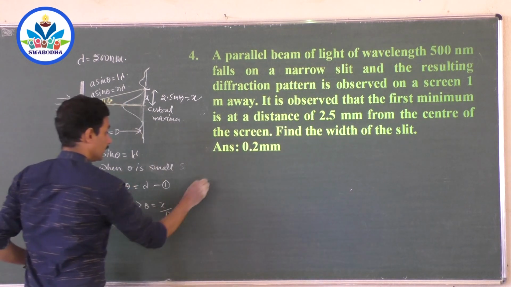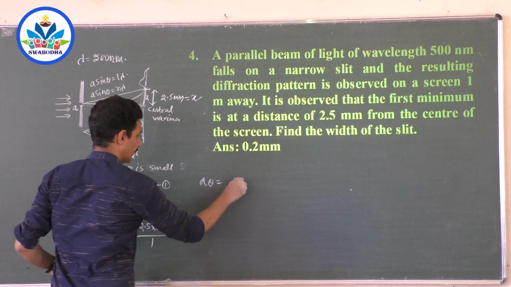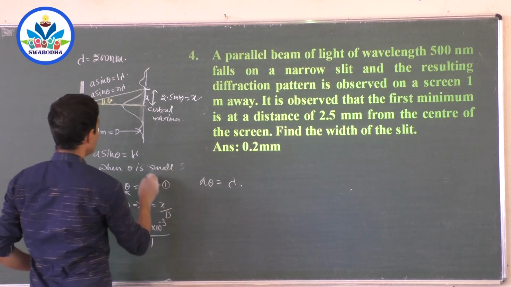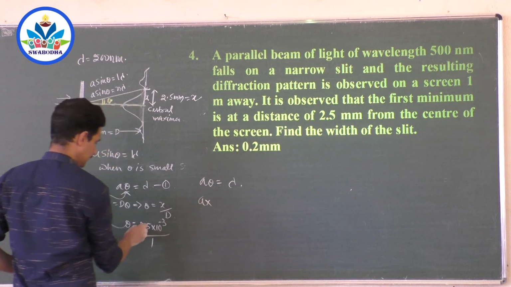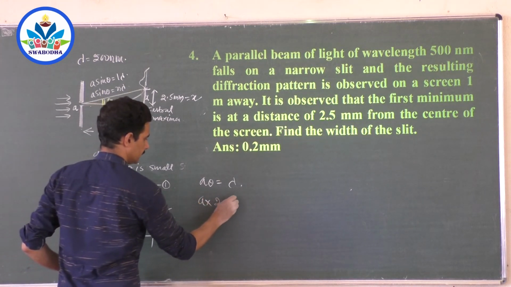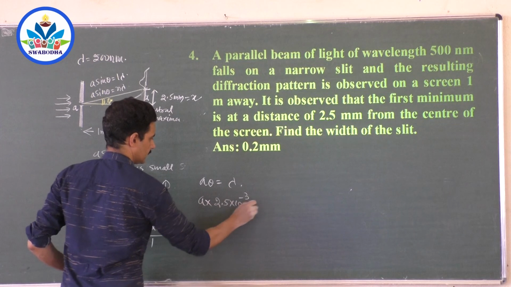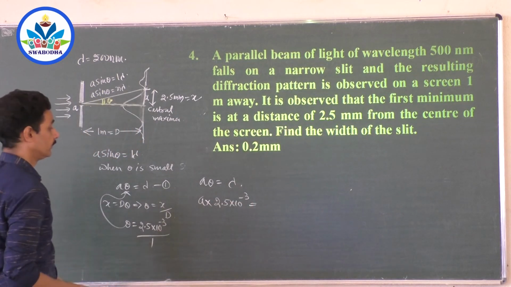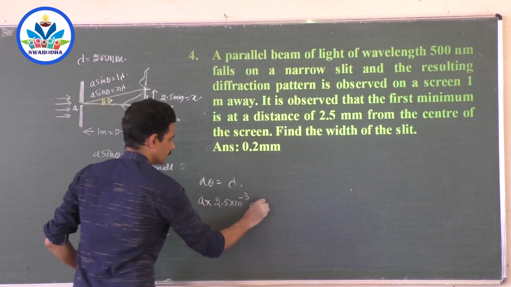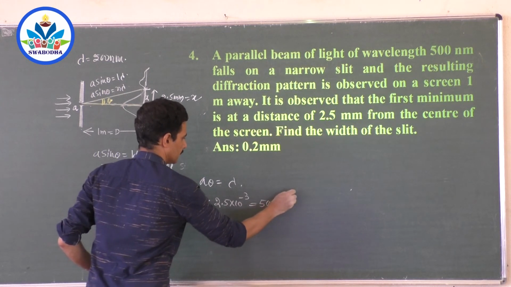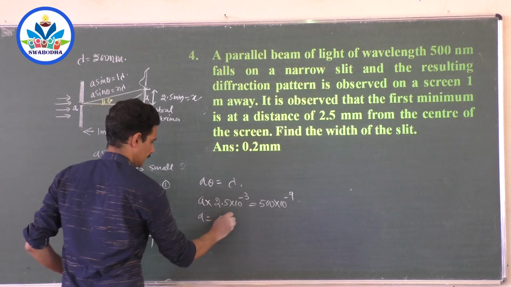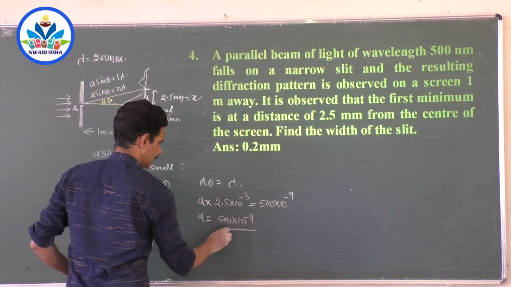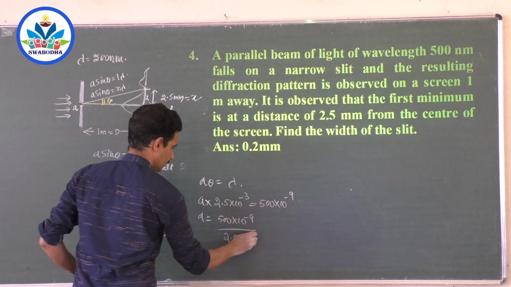So a theta is equal to lambda. The width of the slit is to be found out. Theta is 2.5 millimeter by 1 meter, is equal to lambda, 500 nanometer. So what is a? a is equal to 500 nano divided by 2.5 into 10 to the power minus 3.